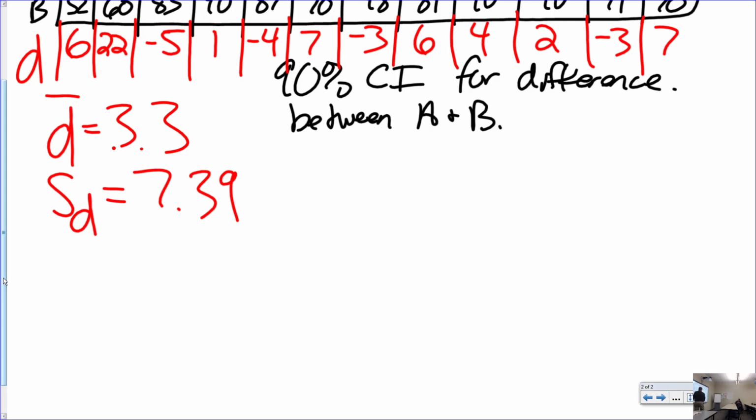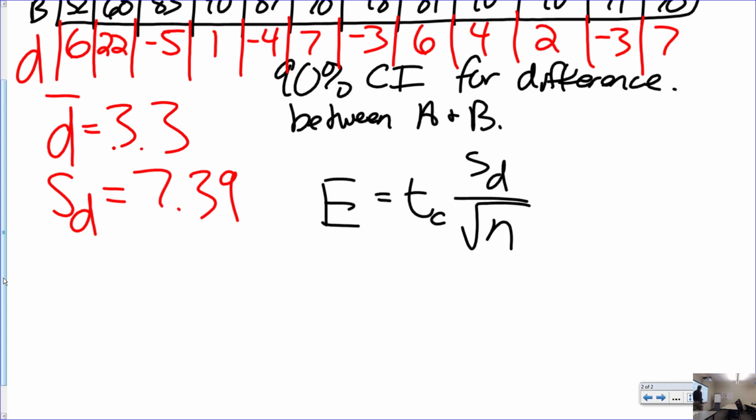How do we figure out E for this problem, folks? T crit times S sub D over the square root of N. Make sure you take that square root. What's our T critical? What's our degrees of freedom for this problem, folks? 90% CI, degrees of freedom 11. Oh, whoops.